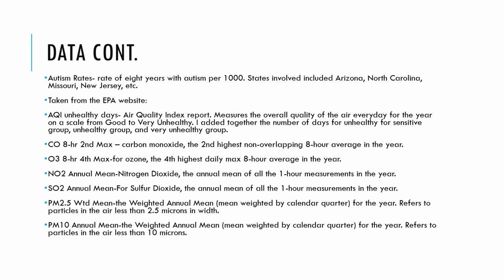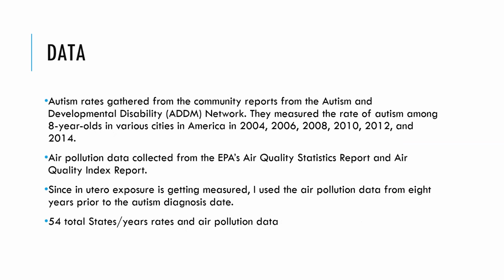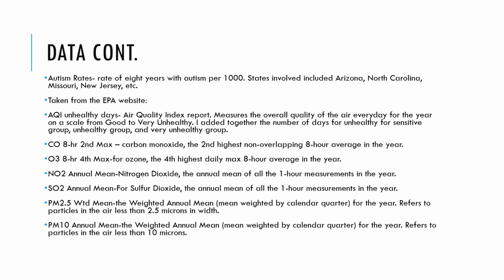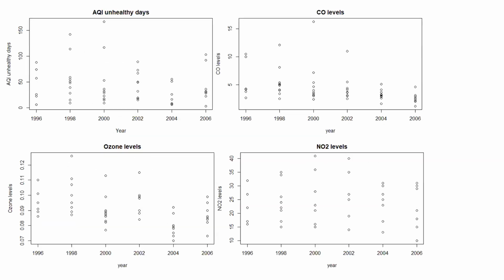How I picked the years for the air pollution was I just went back 8 years from when the autism rates were calculated, because it was done in 8-year-olds and I needed to see how they were affected in utero. So this is just the trend of the air pollution rates over the years.